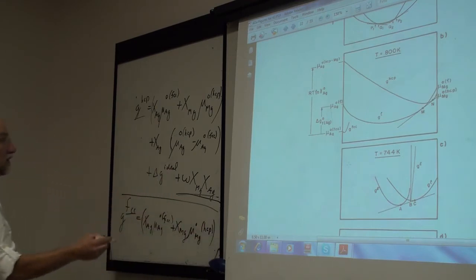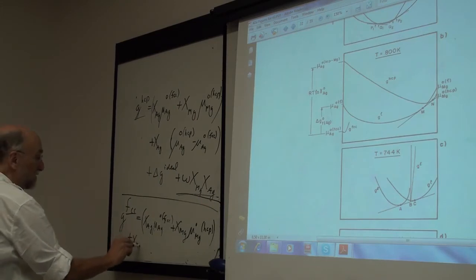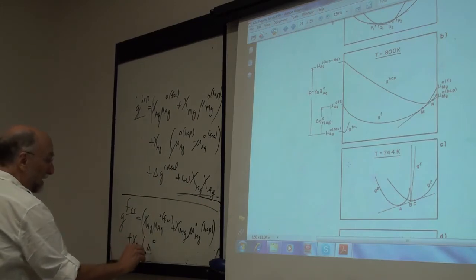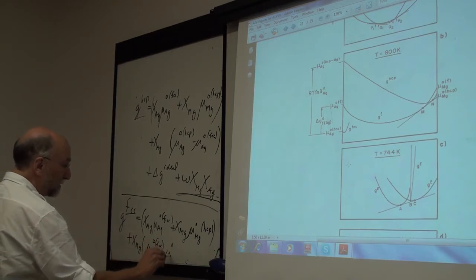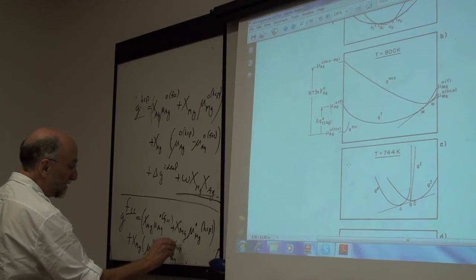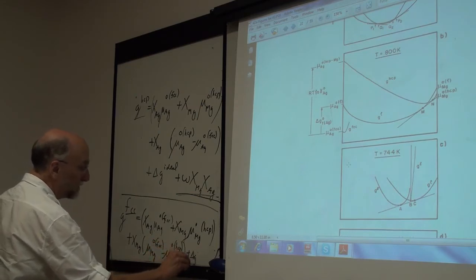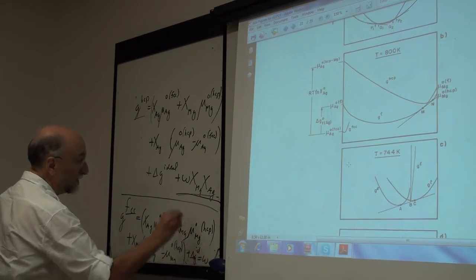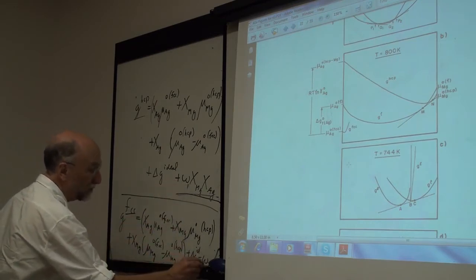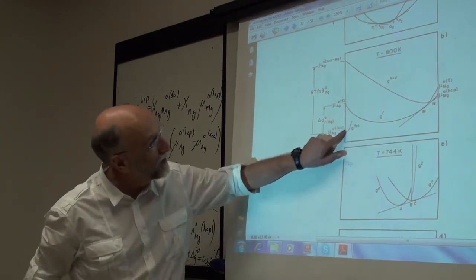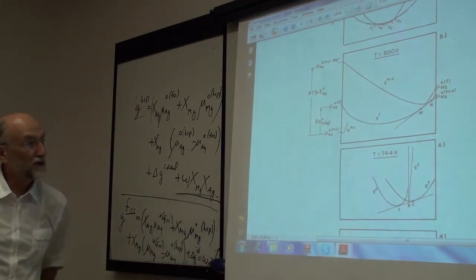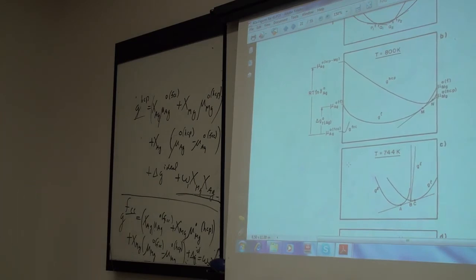I'm just doing the mirror image of what I did, plus X magnesium times mu naught of magnesium, FCC, minus mu naught of magnesium, HCP, plus the delta G ideal, plus omega. If we call this omega 1, we'll have to call this omega 2, times the product of the x's. Okay, it's just the exact mirror image of what we did there, and this would apply to the limiting region over here with the solution of silver with dilute magnesium.